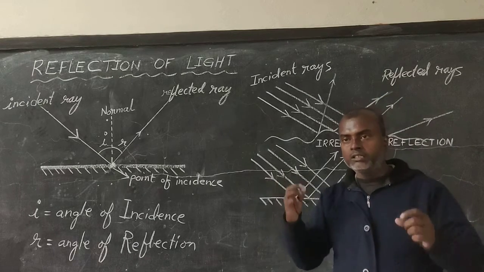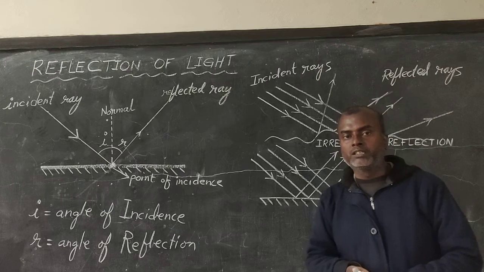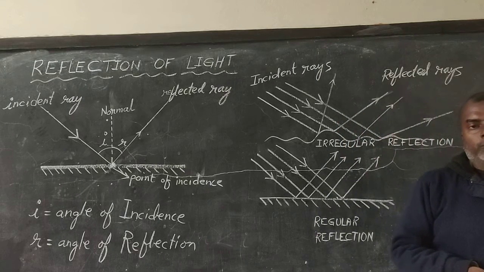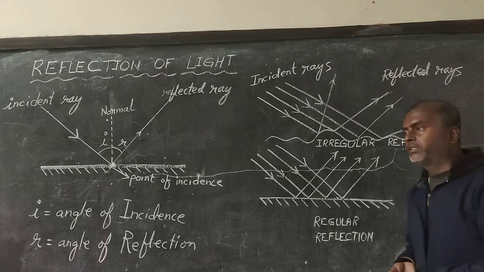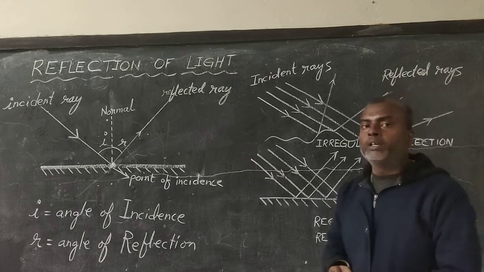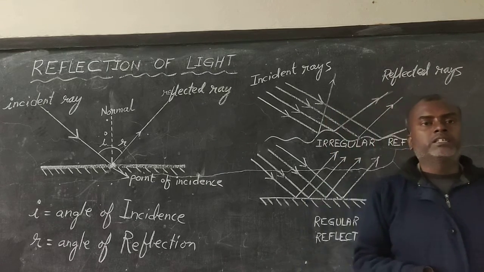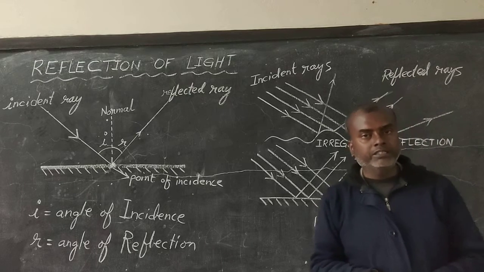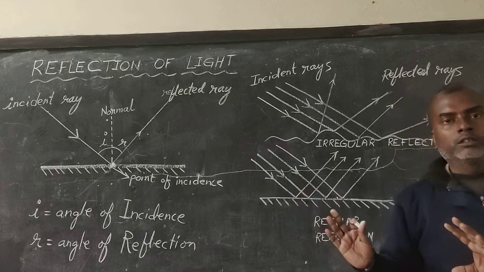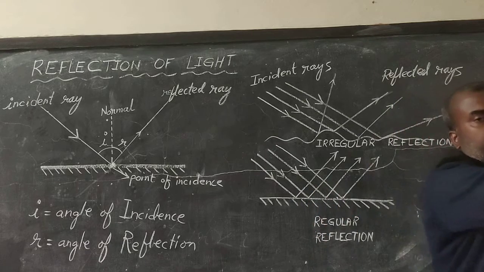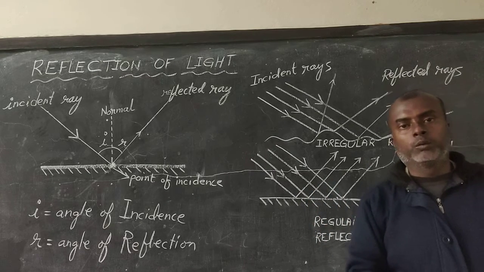So the walls, ground, they are not plane surfaces. So when sun's rays come and hit these objects, the kind of reflection that we observe is irregular reflection. But when sun's rays come and hit a mirror, which is the best example of a plane surface, then the whole light is deflected towards one direction.